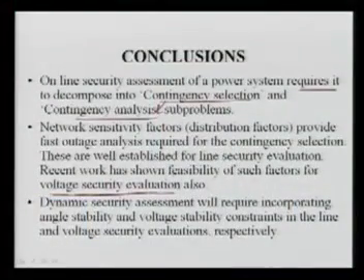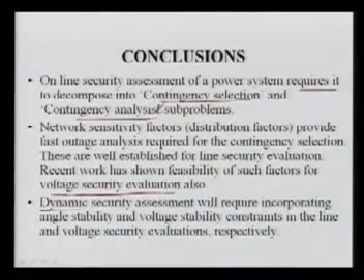Nowadays, another recent requirement is to go beyond static security assessment. So far I was discussing static security analysis. Now people are talking about dynamic security assessment as well, which requires incorporating angle stability and voltage stability constraints in the line and voltage security evaluation respectively.